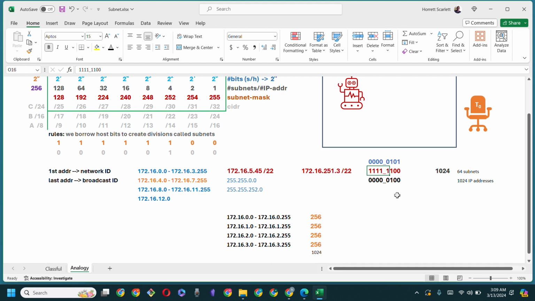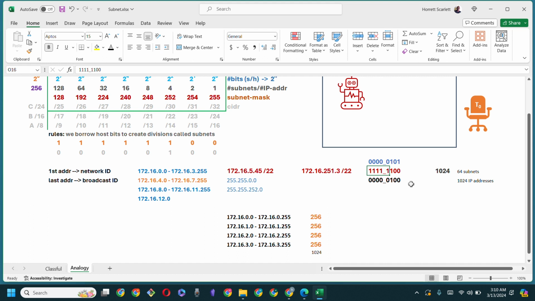So what we now need to do is compute what 251 is in binary, put it here, and then do the AND between the two, and whatever we end up with, we convert that back to decimal, and that should tell us where that particular address is going to lie.